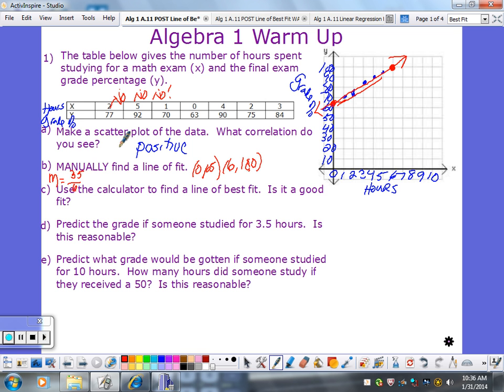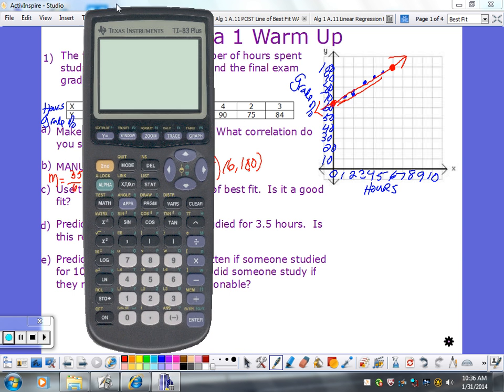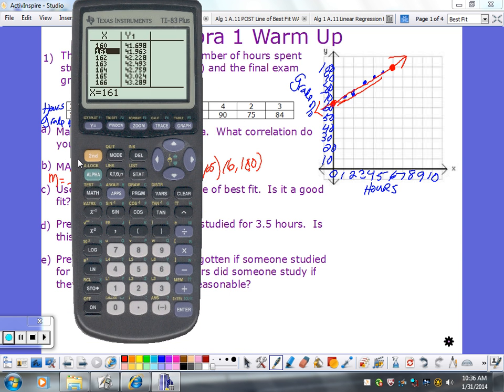Now I need an equation of a line. I want y equals mx plus b when I'm done. What do I do? I've got 2 choices here. Simplify this. Can I simplify this? I could make it a decimal. I'm only allowing it to be a decimal because we're doing regression. So wait a second. Let me just clear out my calculator. There's a lot going on here.